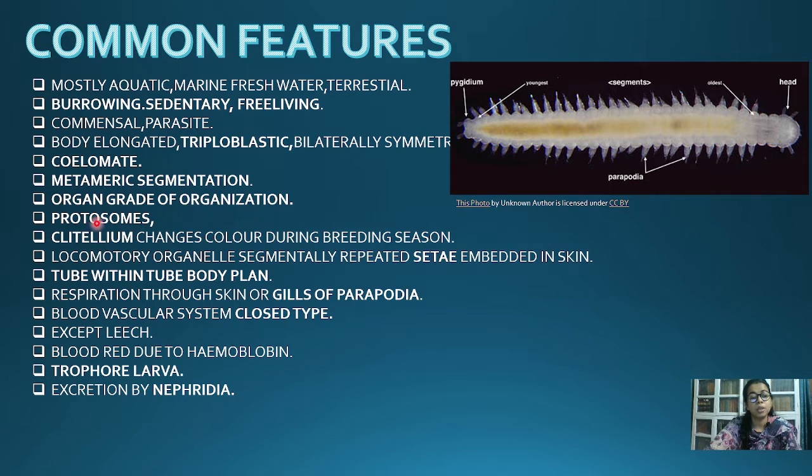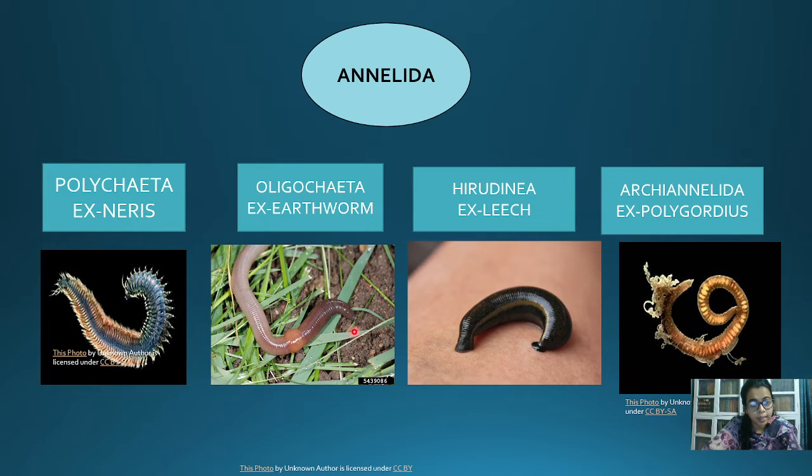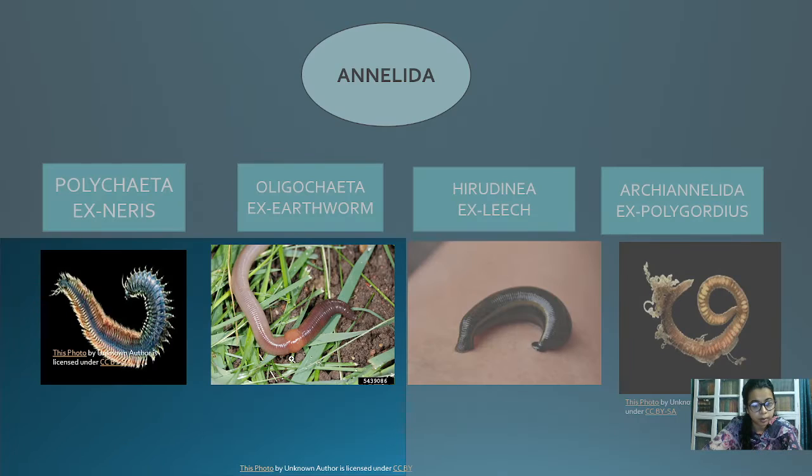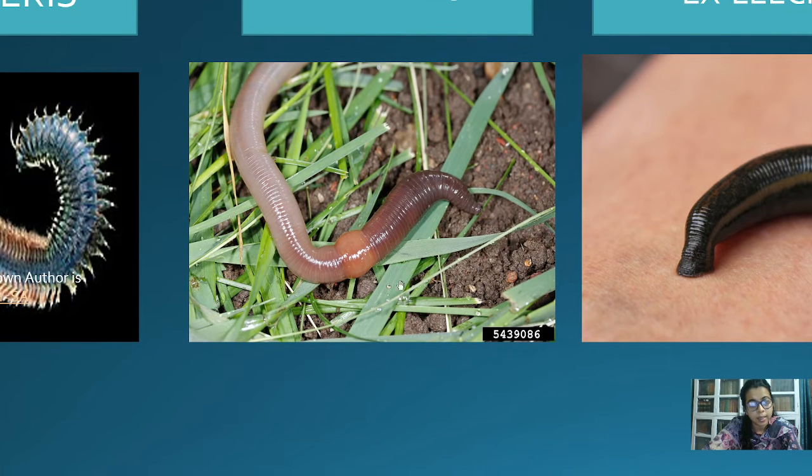Moving to the most important part of this phylum, the Clitellum. What is the Clitellum region? You can see here in this part, let me zoom it. This is a picture of an earthworm.